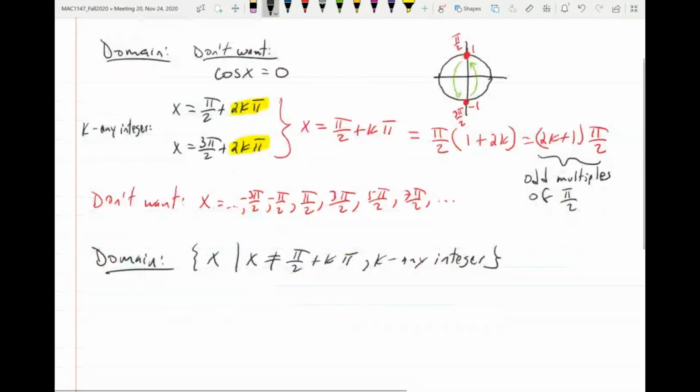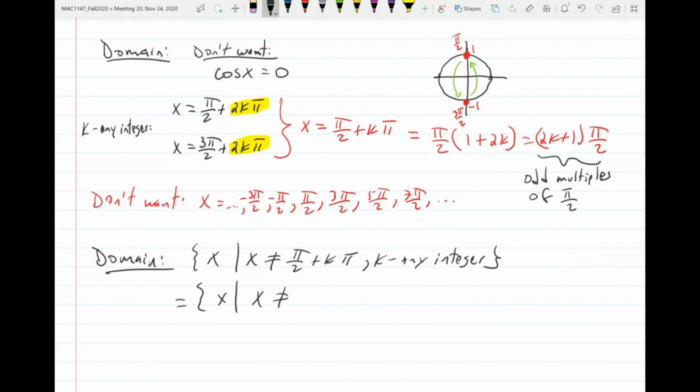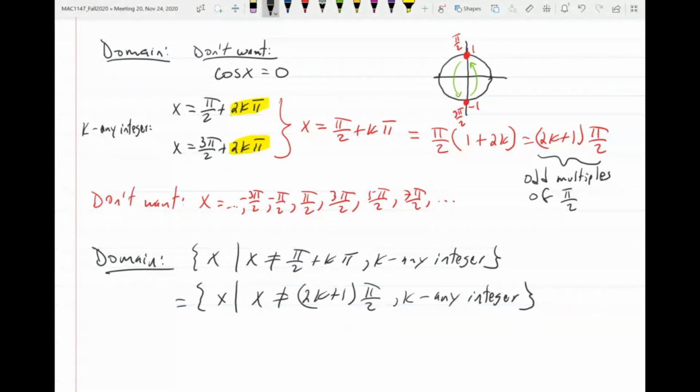And another way that we typically want to write it is x is not an odd multiple of pi over 2. So we can rewrite this as 2k plus 1 times pi over 2, with k any integer. Okay? All right, so this is the domain.